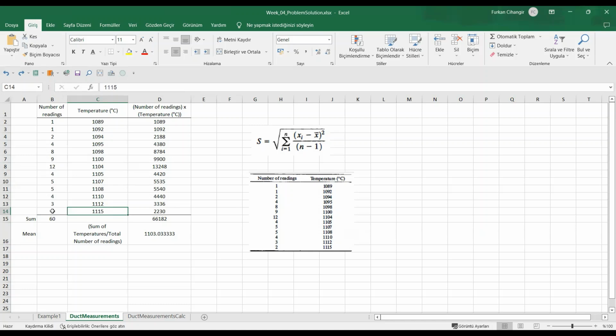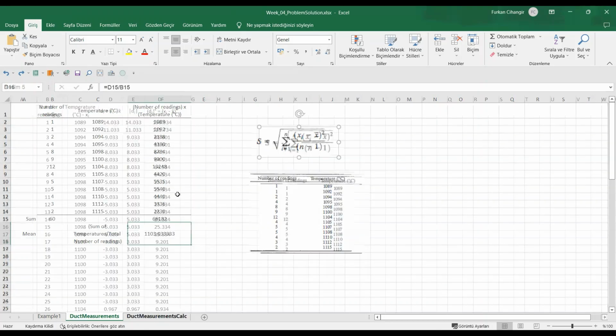And I multiplied these two and I found this one. And after that, I summed them and it was my summation. And I divided my summation by B15, which is this block, which is the number of samples. And that would be equal to my mean, okay? Here, this is how I calculate my mean.